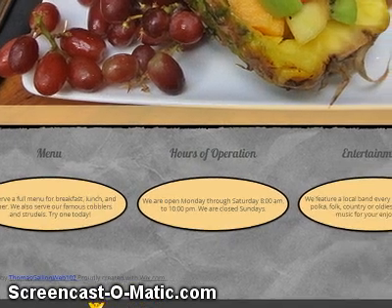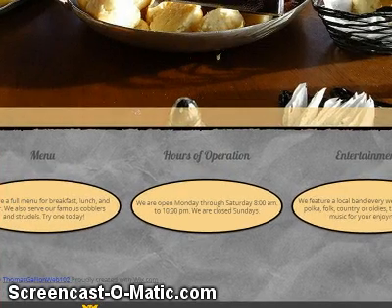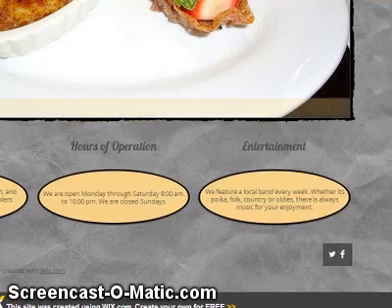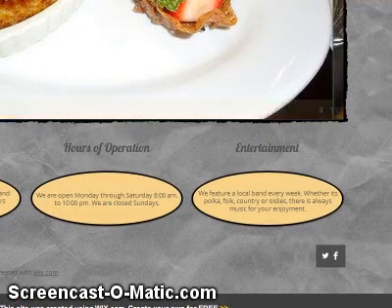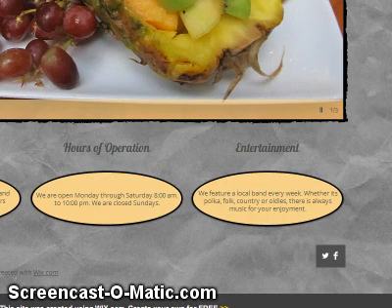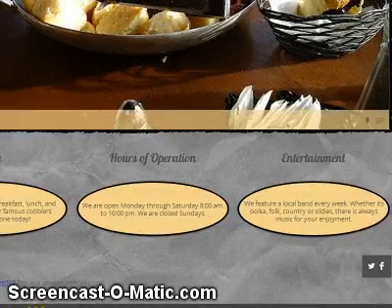The hours of operation are Monday through Saturday, 8 a.m. to 10 p.m., closed Sundays, and the entertainment tells you that we provide a local band every week: folk, polka, country, oldies. There's always entertainment.